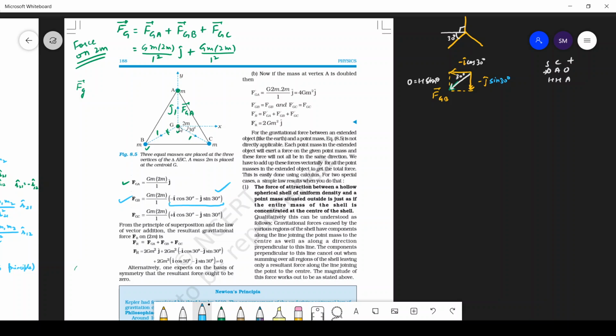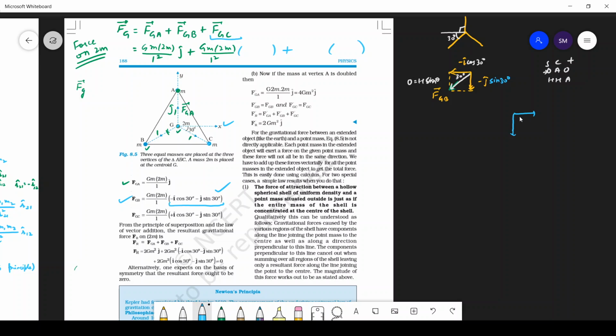So similarly, when we talk about the force on 2m at point G due to mass m at C, that's FGC. So here also the same magnitude, and then the direction. So what is the direction here? Similarly we can write this direction.